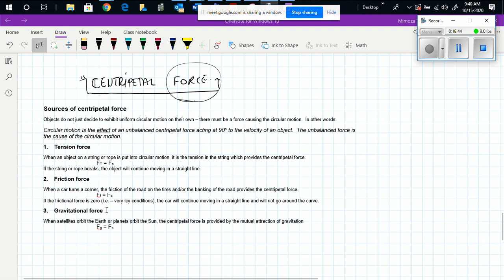And another one is the force of gravity, which is mass times acceleration due to gravity, or the motion of planets.